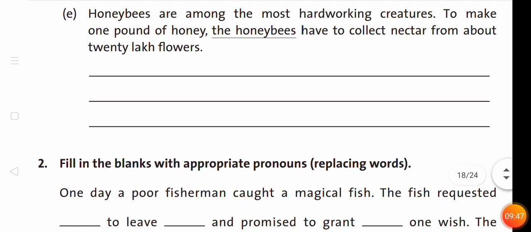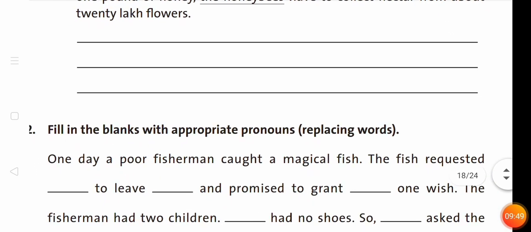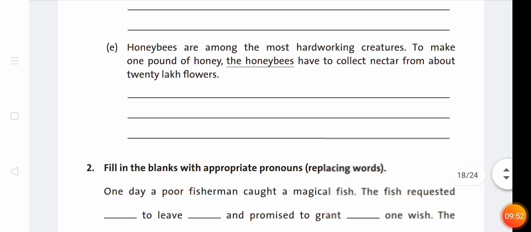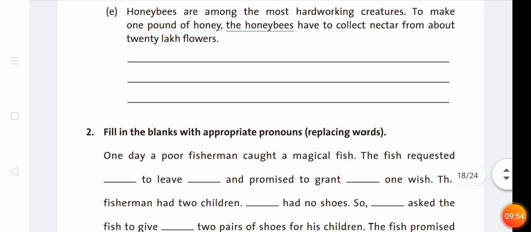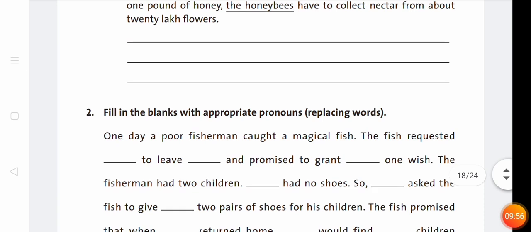Here honeybees are naming words, and in place of honeybees, in the second sentence, we shall use they. So the sentence will be clear: Honeybees are among the most hard-working creatures. To make 1 pound of honey, they have to collect nectar from about 20 lakh flowers.